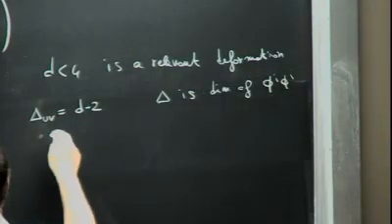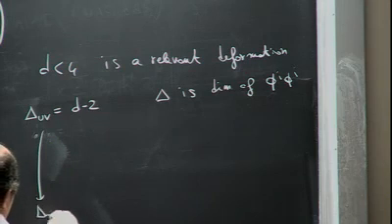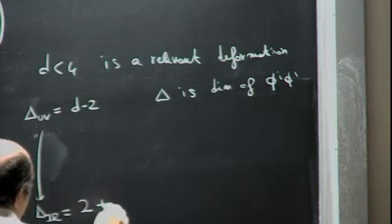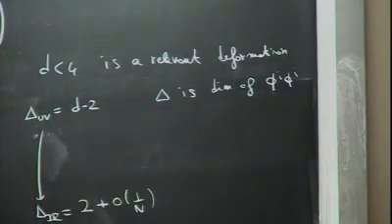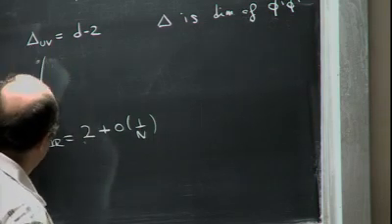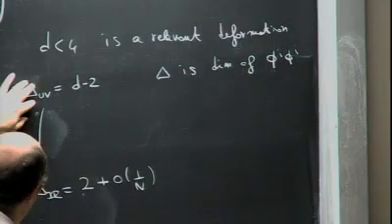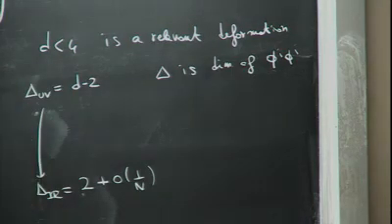That's just the bare dimension in the free theory. And once we are down in the IR, that becomes 2 plus 1 over n corrections. Note that this doesn't depend on the dimension. So for any d, this goes from d minus 2 to 2 plus 1 over n correction.